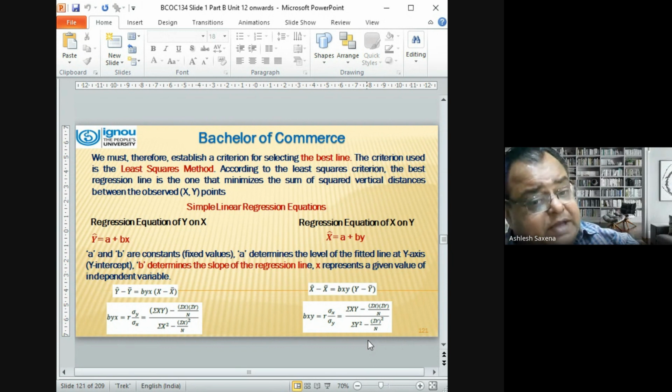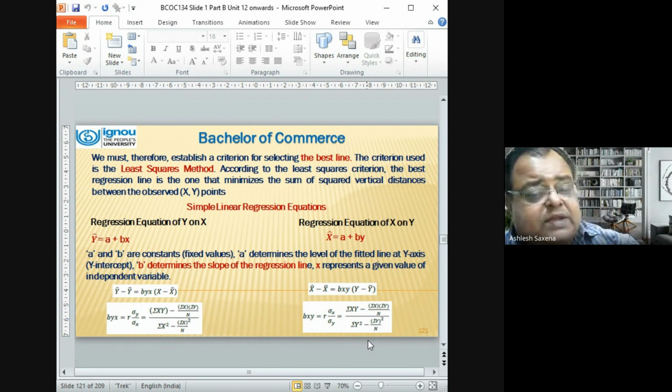Similarly, bxy is equal to r sigma x upon sigma y, where the numerator will remain the same, but there will be a change in the denominator. In place of summation x square, we have to write summation y square, so the denominator is summation y square minus summation y whole square divided by n. That means there will be a change in the denominator only.